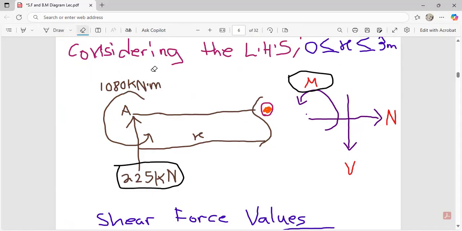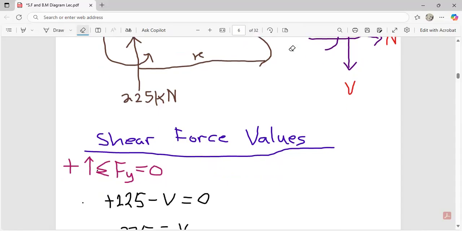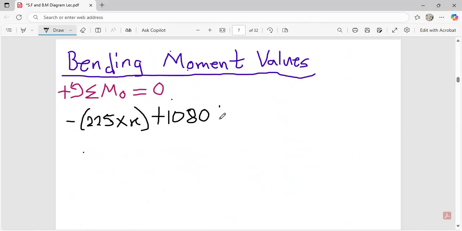In doing that, you realize that this is anti-clockwise too. So plus another M. So plus M.